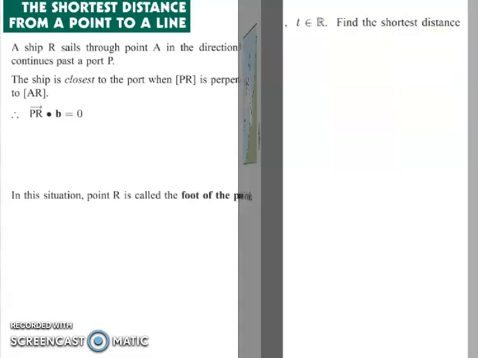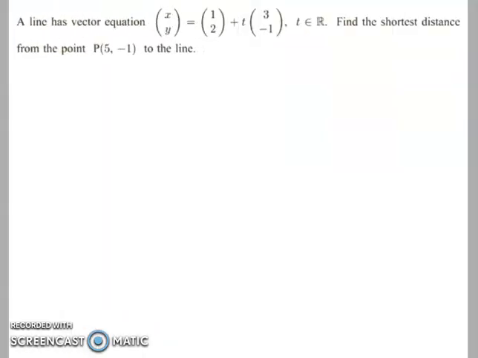Alright, so if we were to consider a problem such as this, we have a line here and a fixed point. I'd recommend drawing a diagram first up. So we have a line, we have our point P, and the direction vector of that line is the vector 3, -1.